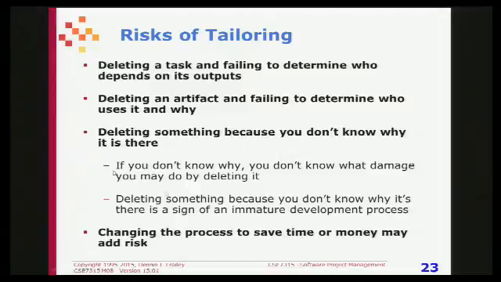The risks of tailoring are things like deleting something when you don't know why it's there. I like to use the example of you give a child a toy and the child takes it apart and then puts it back together again, and then there's parts left on the floor. And you say, well, why is that spring there and why is that lever there on the floor? Well, I didn't know where they went.